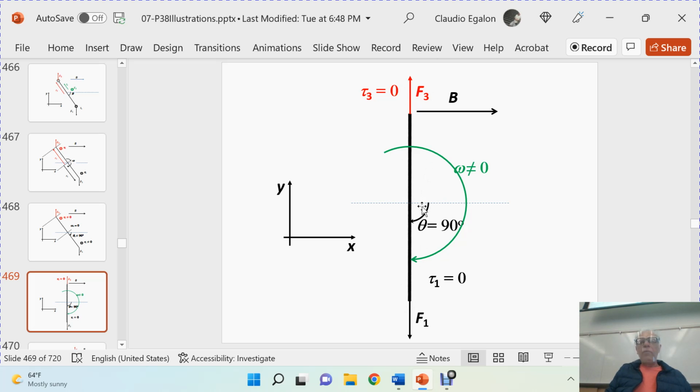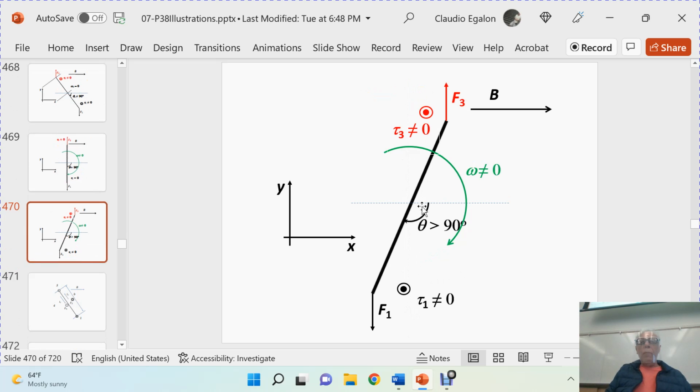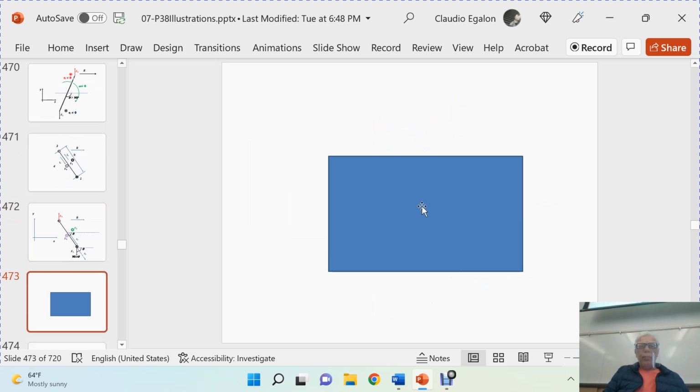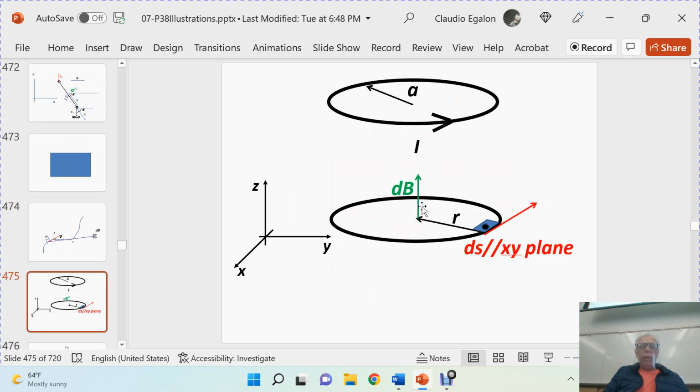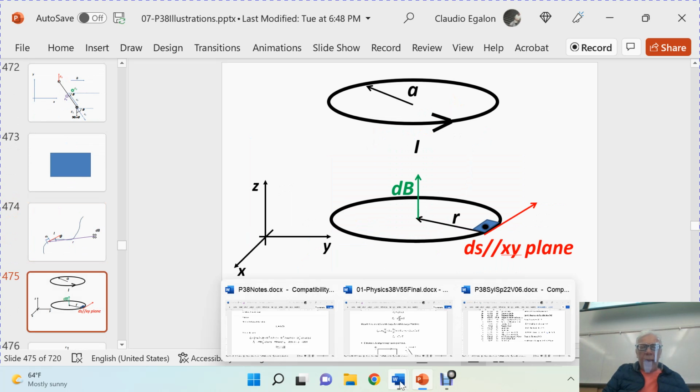But because of the inertia of the loop, the torque is going to invert direction. The loop is going to overshoot the position of equilibrium, and then you're going to have this oscillation back and forth. So that's what you have to know about that, and we are done with chapter 29.